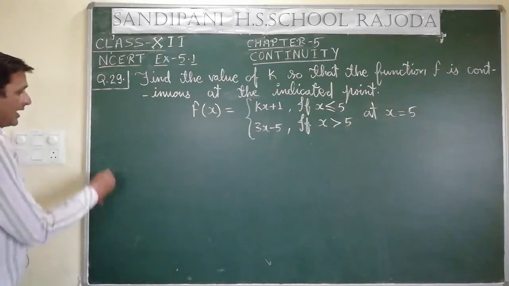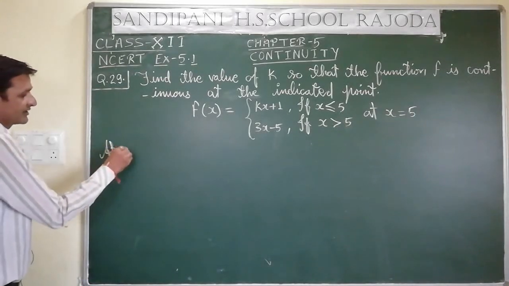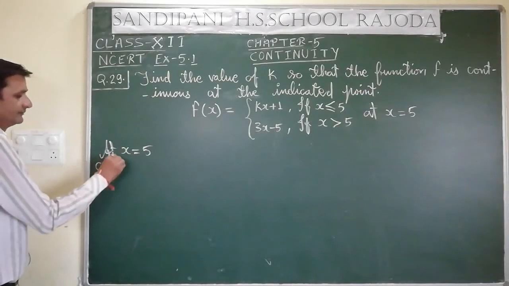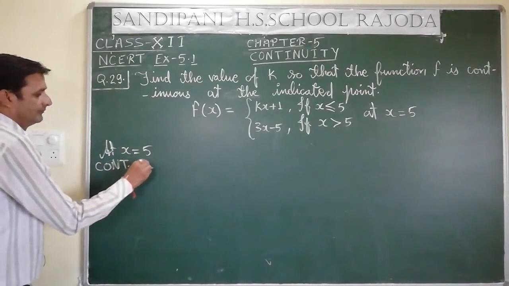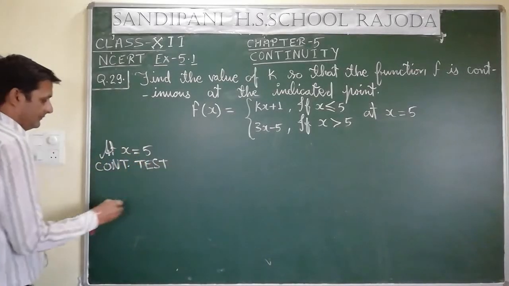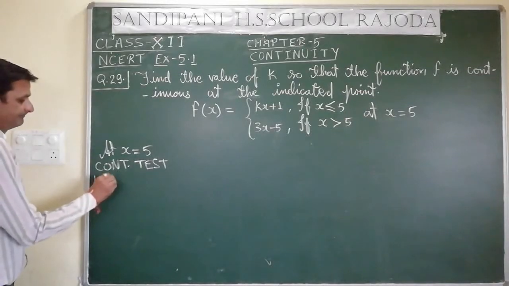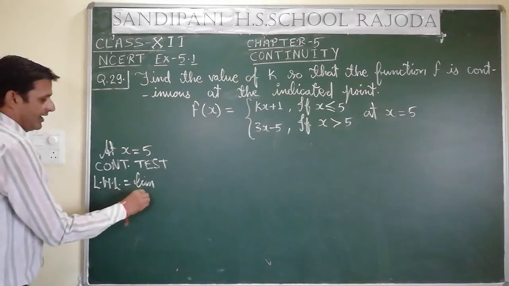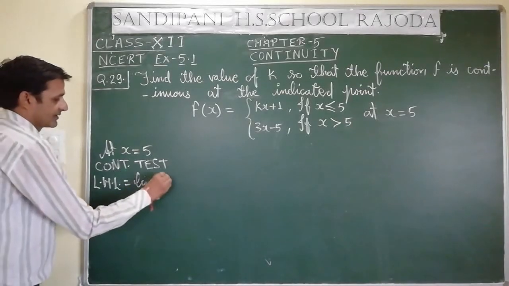Now at x equal to 5, we are discussing continuity. Continuity test. LHL, that is equal to limit x tends to 5 minus f of x.